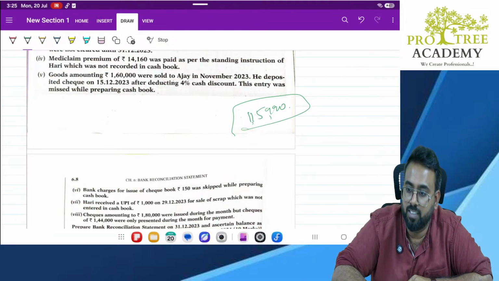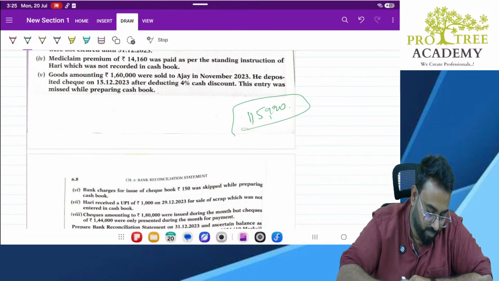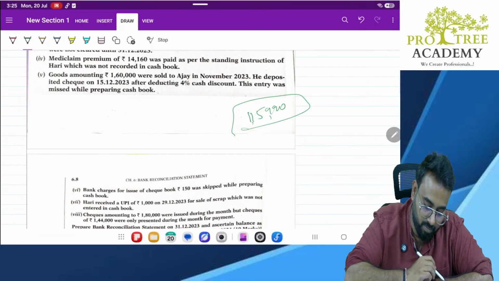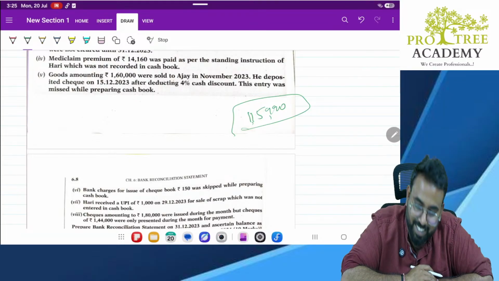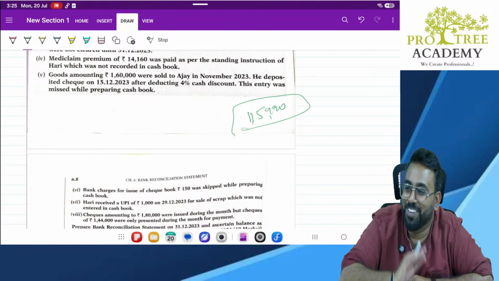Finish it fast. 2 more minutes to go. Where did you get the 10 rupees from is the question. There is no 10 rupees in the entire question.